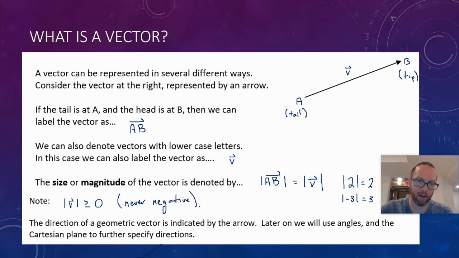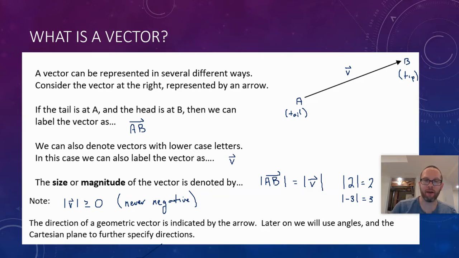If you're describing the length of a vector, like if you draw a vector on your piece of paper, you cannot take a ruler and measure that vector to have a negative length. That doesn't make sense. It's never negative. You can have a vector with 0 magnitude. It's called the 0 vector. We will talk about that in the upcoming days. But yeah, magnitudes of vectors are never negative. So if you get to doing some work in the future and you do find that a magnitude of a vector is negative, you should go back and check your work.